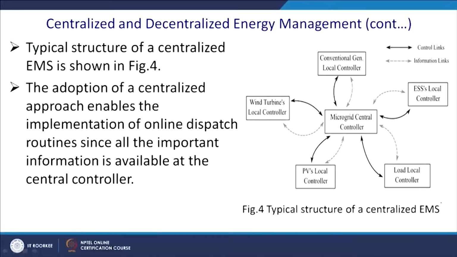Now let us see the typical centralized structure. You have a microgrid controller, and from there you have input from the wind generation and the solar generation. This is a local controller of the load, which will schedule the load, deciding whether you can initiate any major action in the loading.